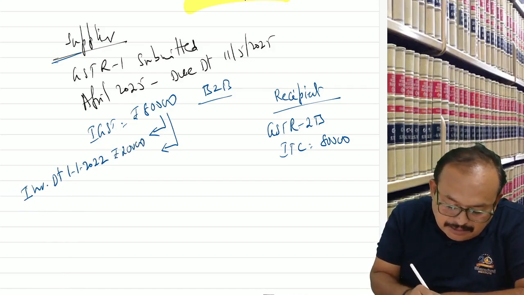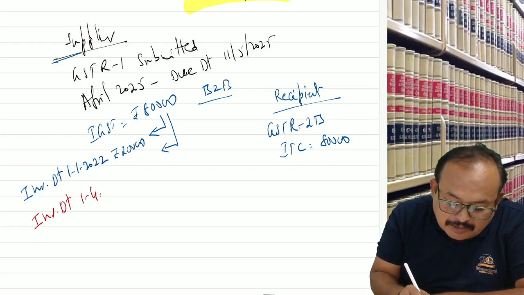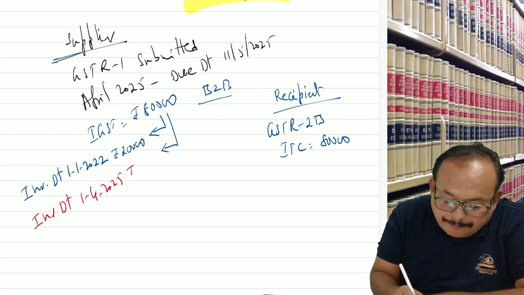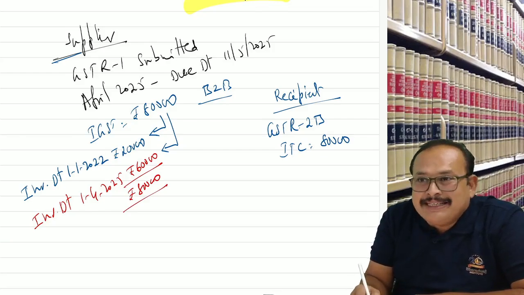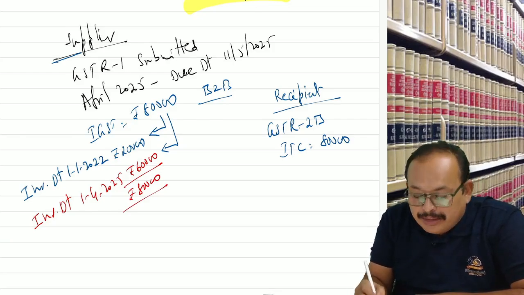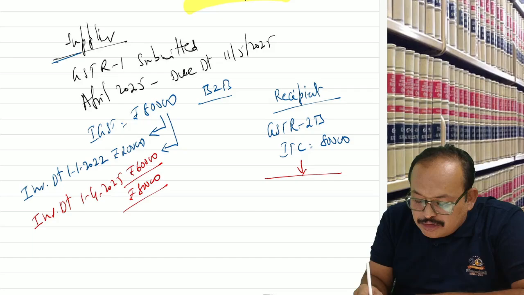Then invoice dated 1st April 2025, that value 60,000. Total is equal to 80,000. Is that clear? These two are reflecting here in GSTR 2B. Here there are two parts.